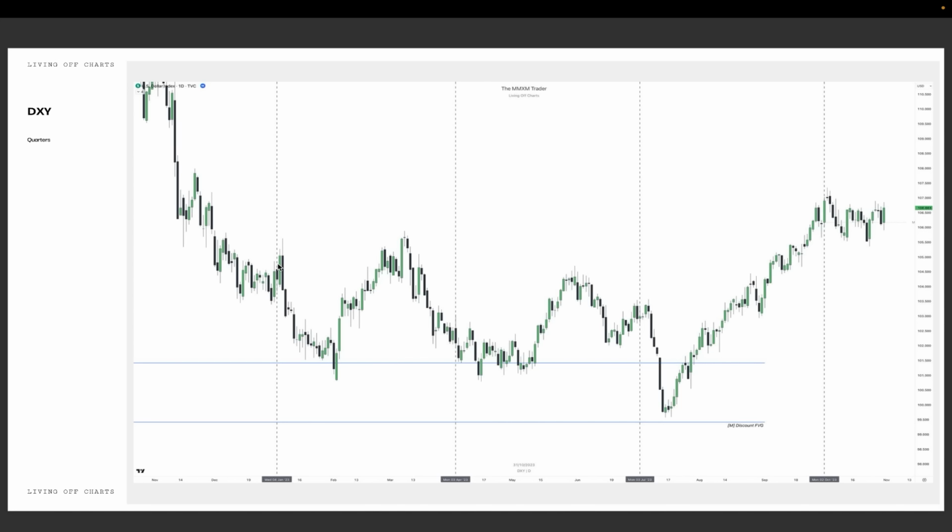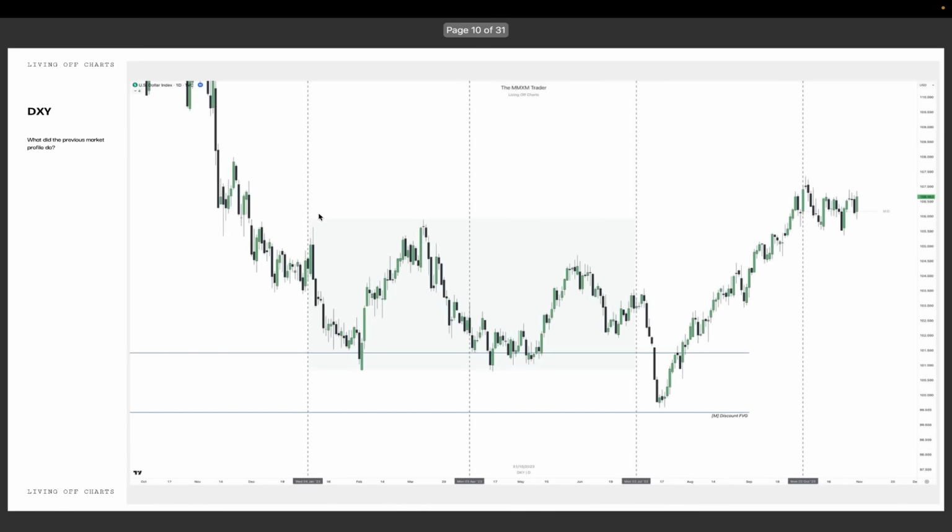So what you're going to try and do here is look at the quarter here, determine the market profile in this segment of time defined by a quarter to determine the next upcoming quarter's price action. So as we can see here, we have January till April, Q1 and Q2 actually being a consolidation market profile.